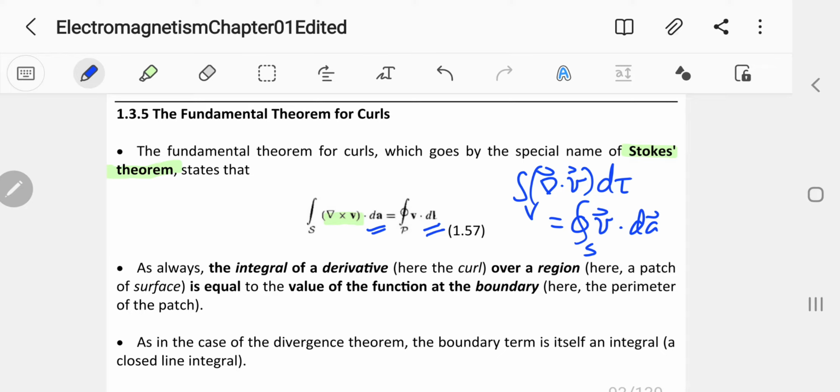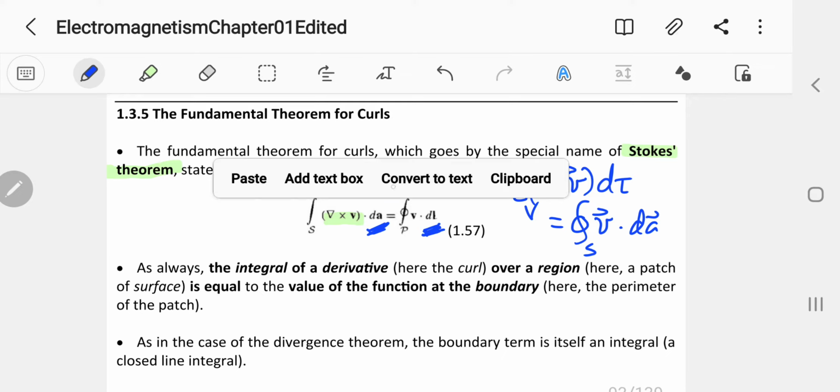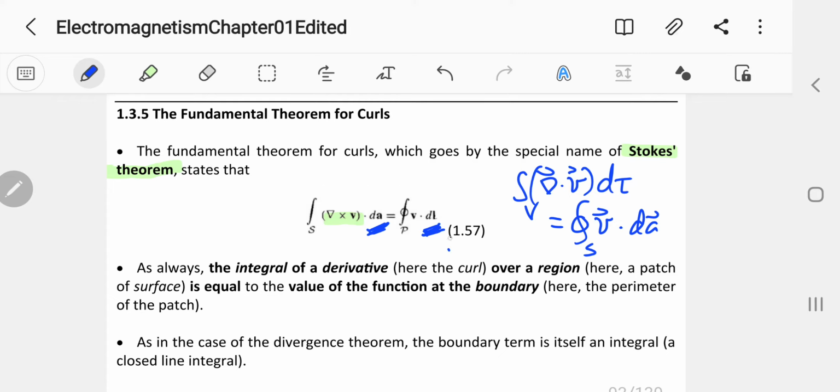So the integral of a derivative, in this case the curl over a region, is equal to the value of the function at the boundary. The dA here represents the differential area over a region, and the dL here is the differential of the path or the curve that surrounds the surface area.